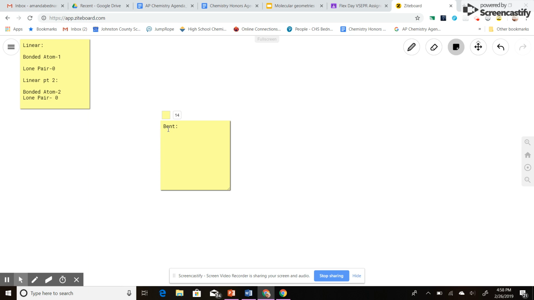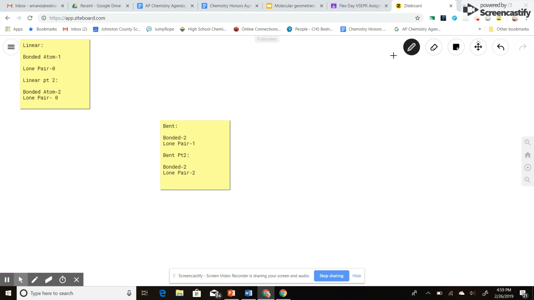Bent can consist of 2 bonded atoms with 1 lone pair, or 2 bonded atoms with 2 lone pairs. Remember, when I'm saying lone pair, I mean electrons on the central atom. And when I'm saying bonded, it's the elements bonded to the central atom.